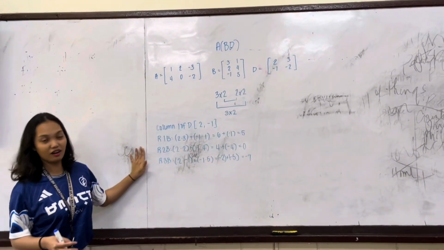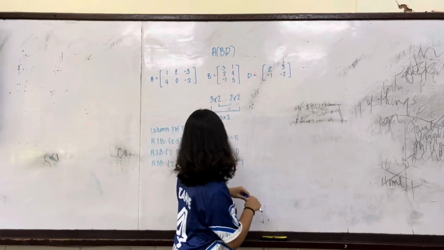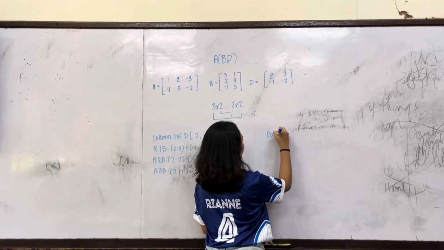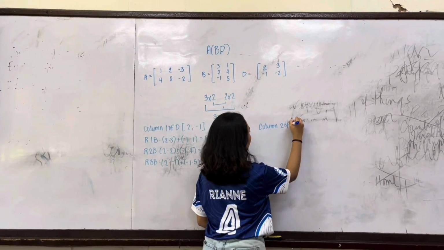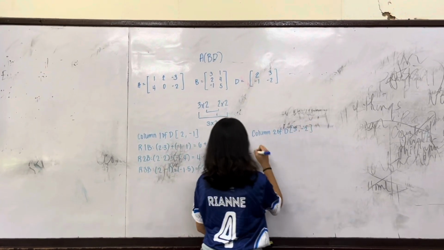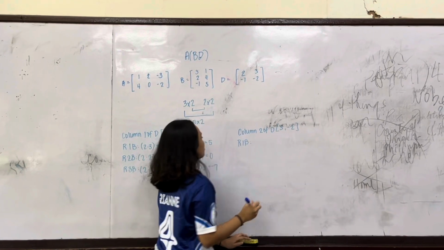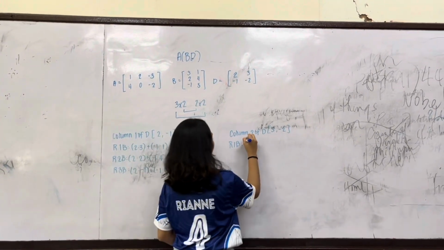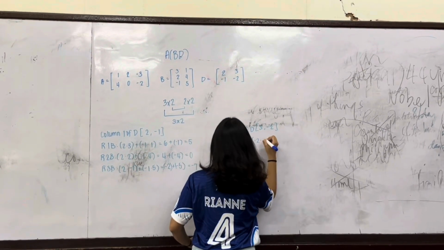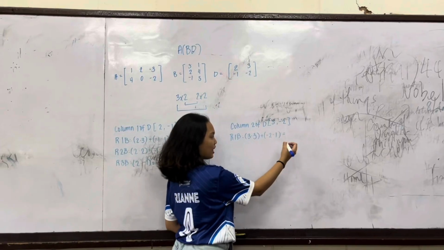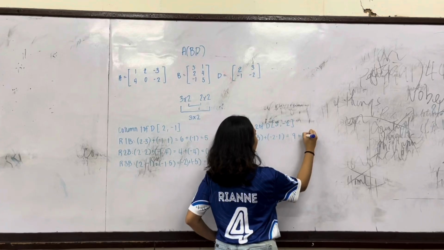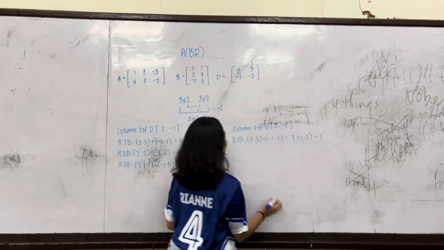Now that we've found our first 3 values, we are going to do the same, but we're going to do it with the column 2 of matrix D. We're going to write column 2 of D, which has the values of 3 and negative 2. Do the same process, multiply by each row in matrix B. We have 3 times 3 plus negative 2 times 1, which gives us 9 plus negative 2, which gives us positive 7.